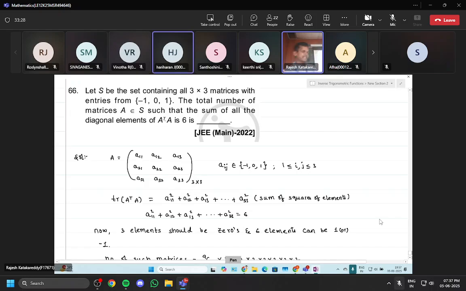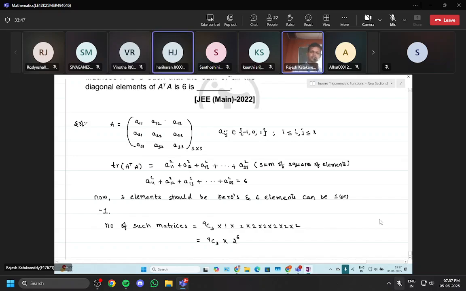Now I need 6. I tried using all 9 ones, not working, 8 ones, not working, 7 ones, not working. Then 6 ones, 3 zeros. The ones can be +1 or -1. There is no problem in using -1 as well. So I concluded we need to fill the 9 elements using 3 zeros and 6 ones or -1s.